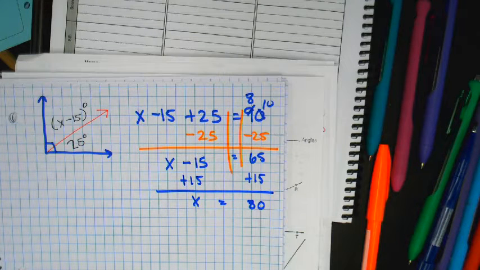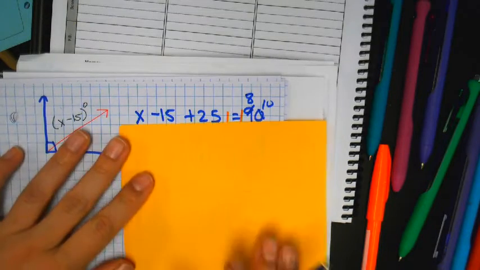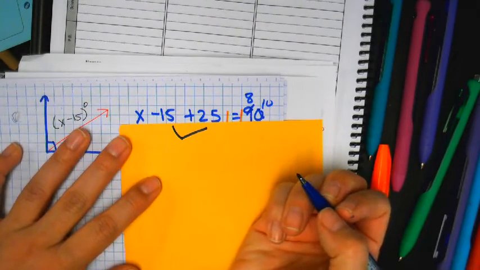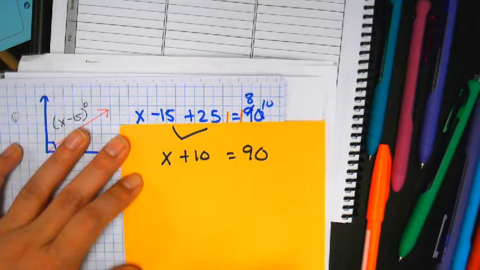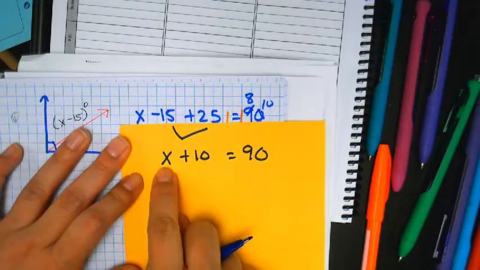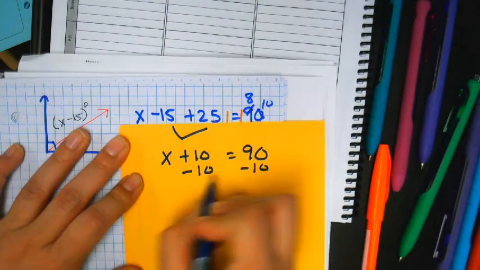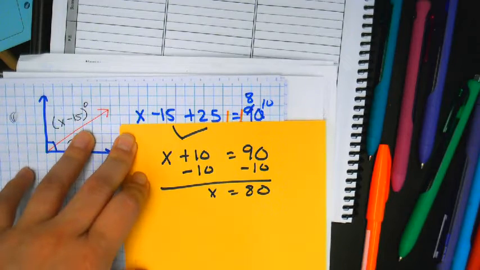Yeah, so for those of you who did it the other way, here, you would combine these two, and you get what? 10. So you have x plus 10 equals 90 degrees. But I still don't have x by itself. I just combine these two numbers. So now I'm going to subtract 10, I get x equals 80. So, huh? Isn't that easier?